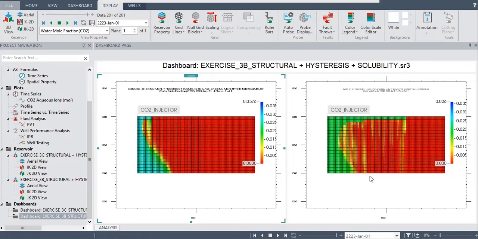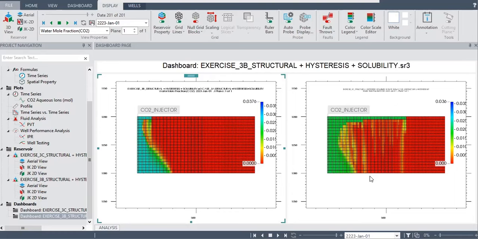So in this case, we have completed the case of structural plus hysteresis plus solubility trapping, right? And we have performed the computation for both the limited aquifer and the infinite aquifer.